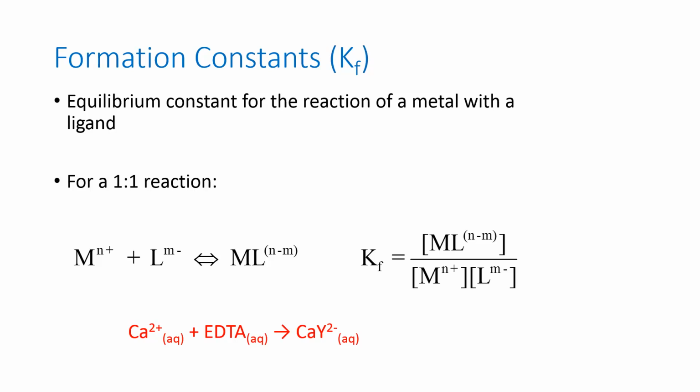The problem is that only certain forms of EDTA can complex with the calcium ions. Only one certain form, actually. The rest of the EDTA that's in solution, if it's in a different charge state, can't form this complex. So we need to amend the formation constant in some way to reflect that.